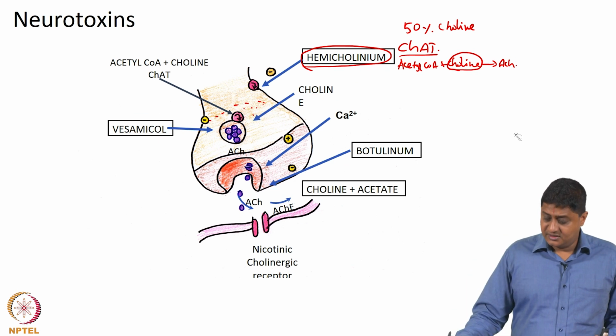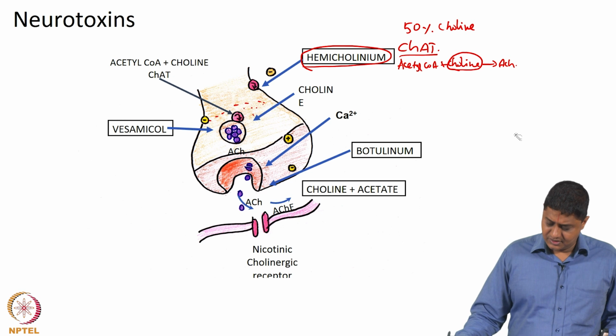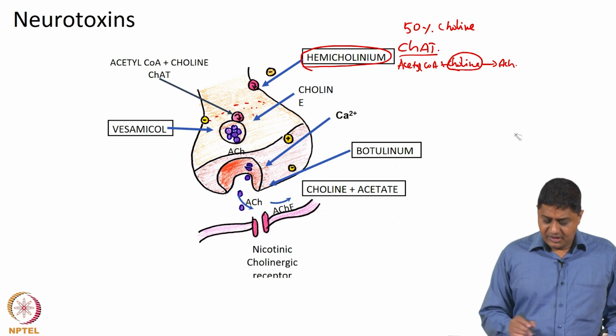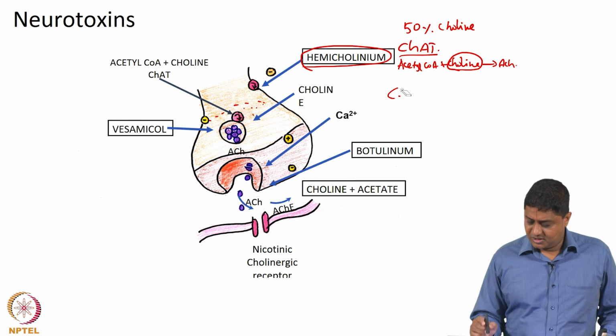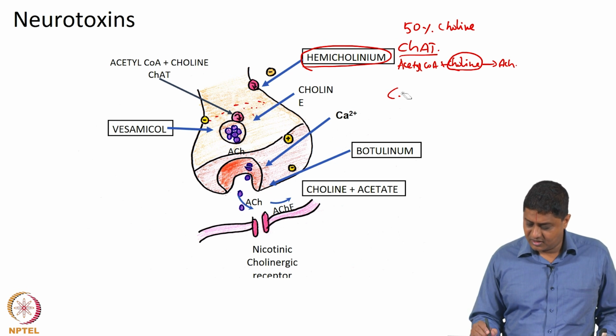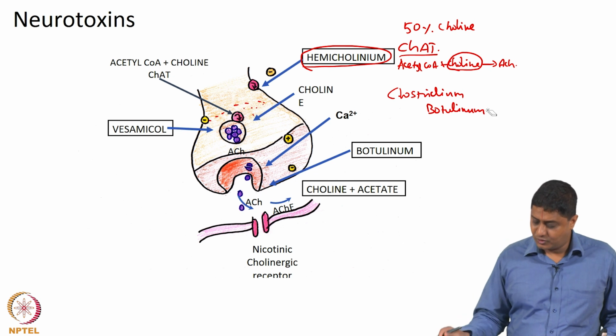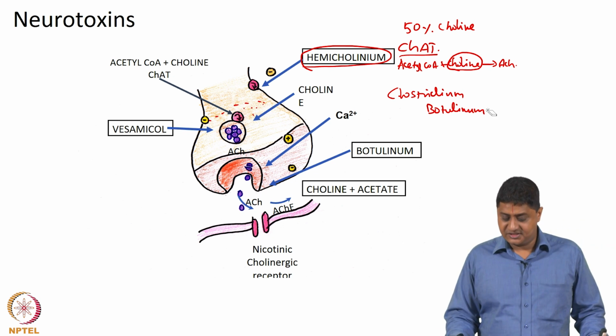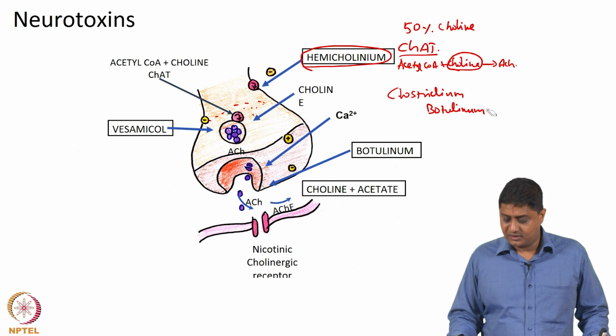Botulinum toxin is one of the most potent neurotoxins found, if not the most potent neurotoxin. So, how is it produced? Botulinum toxin is actually produced by the action of Clostridium botulinum, which is a bacteria, an anaerobic bacteria that produces this very powerful toxin.